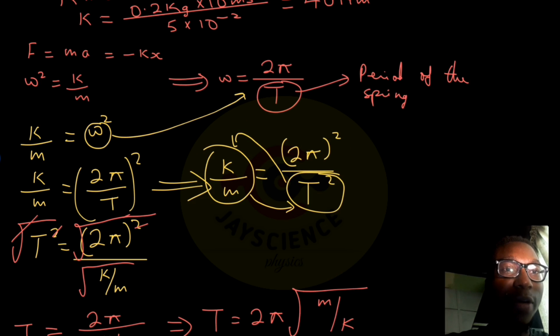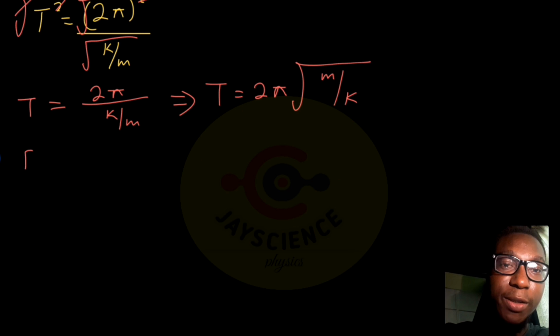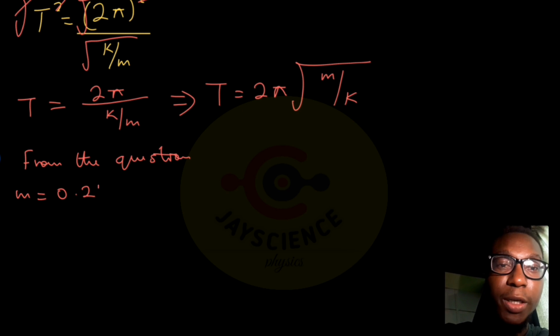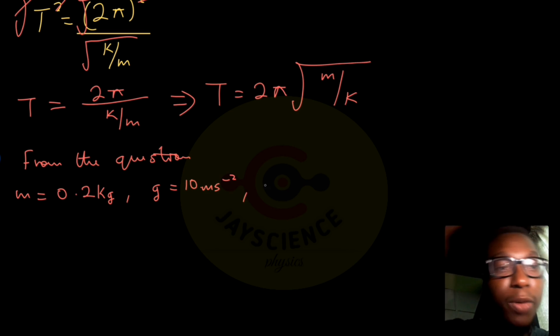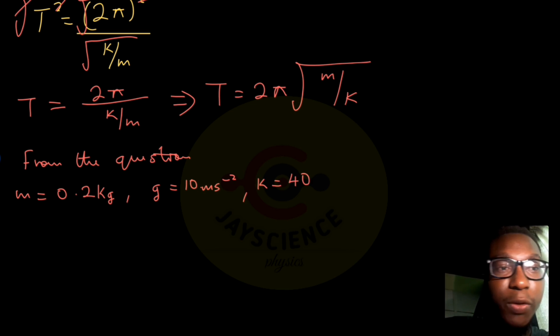We'll slot that in with the values from the question. We have m as 0.2 kg, g as 10 meters per second squared, and we've got the spring constant as 40 Newton per meter.